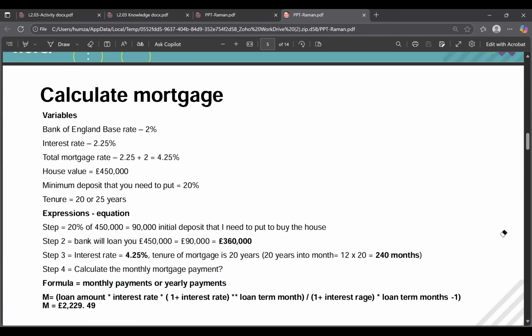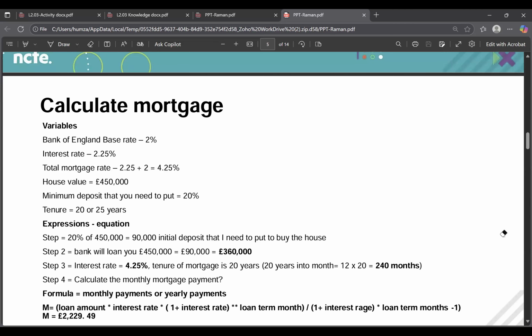So step one would be to work out the deposit, which is 20% of 450,000, which means you give an additional deposit of £90,000 to buy that house.